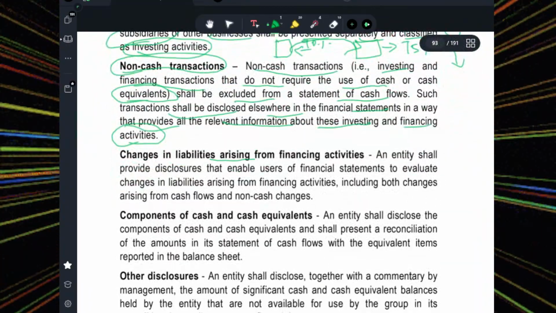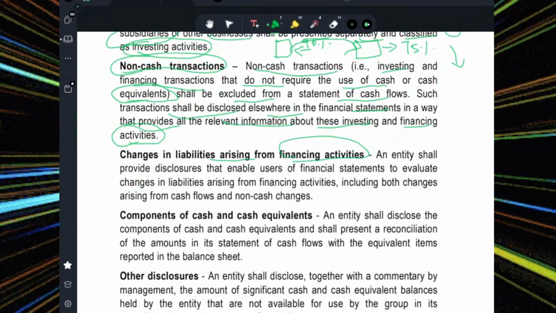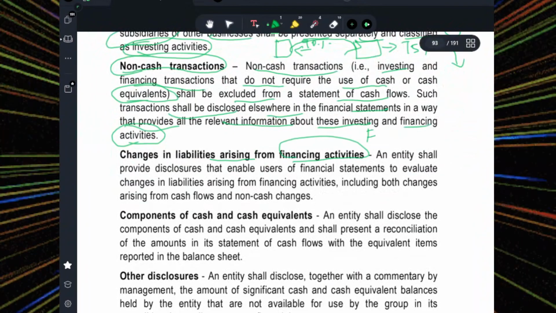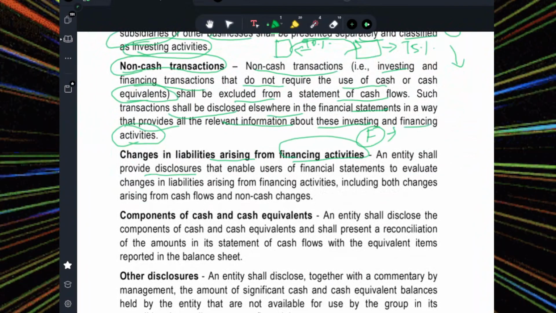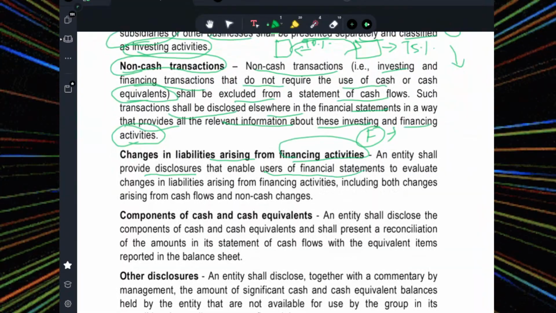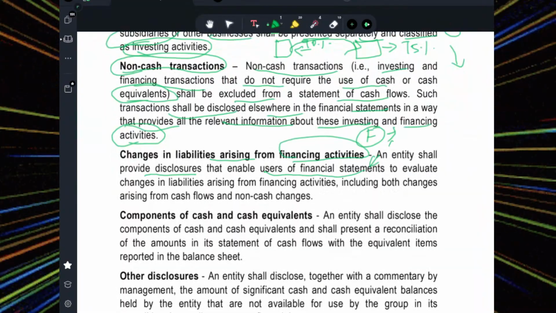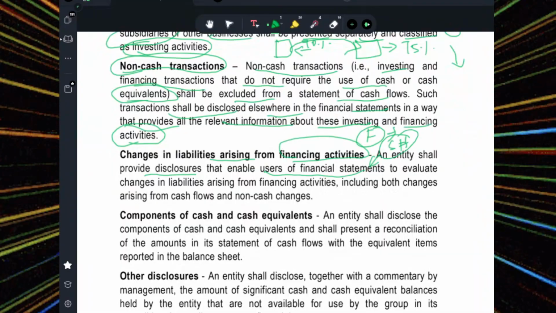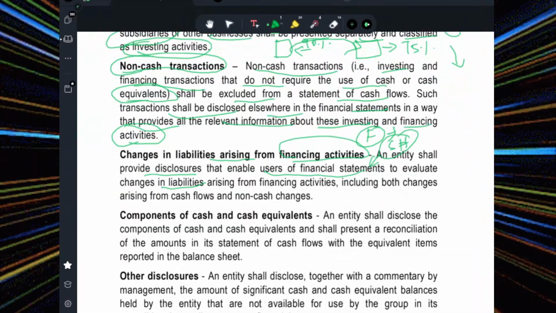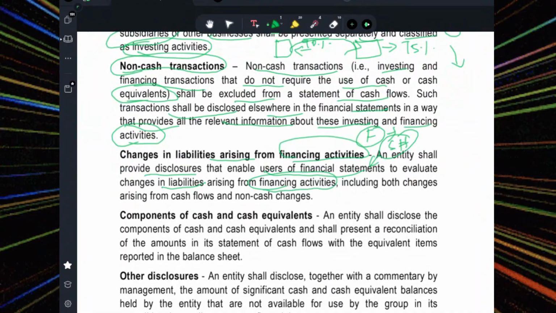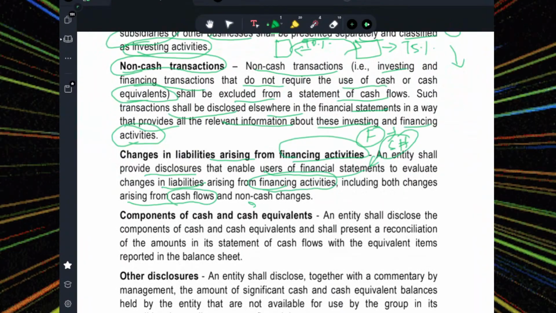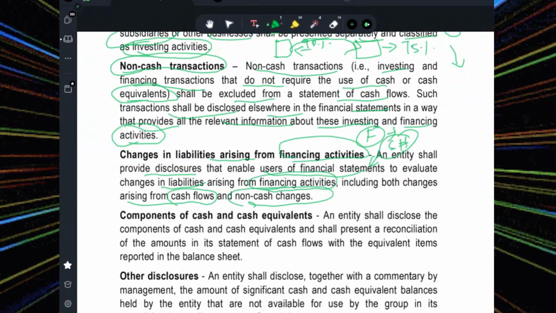Changes in liability arising from financial activities. Then in my financial activities, the liability is changing. So what? The entity shall provide disclosures that enable users of financial statements to evaluate the change in liability arising from financial activity, including both changes arising from cash flow and non-cash changes.